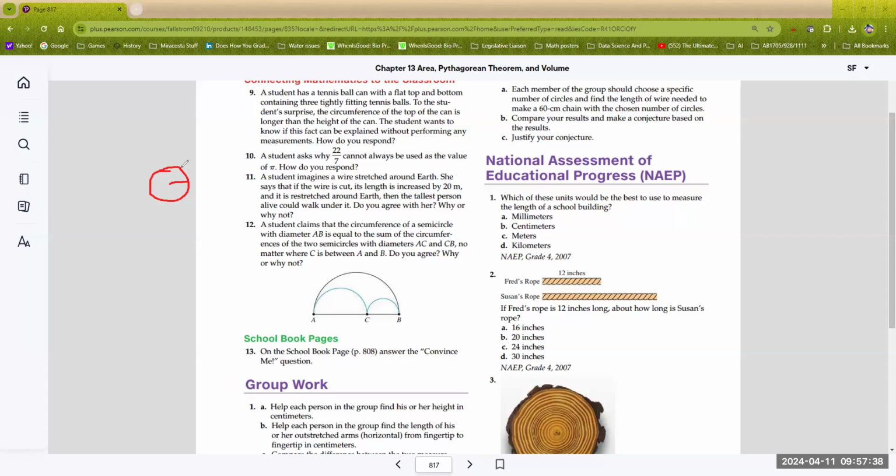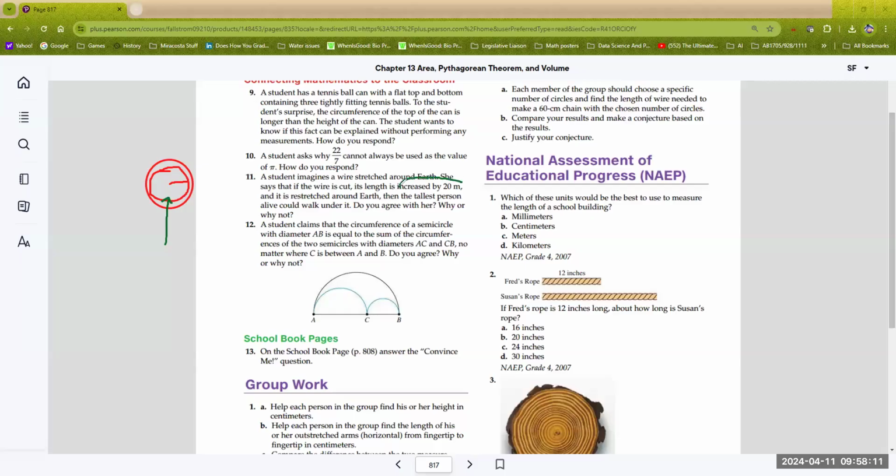Okay. And then they're going to do another one of these, right? Let's see if I can do the circle around a circle, right? It's going to look something like that, where you have a circle that is kind of around that one. So if I was doing this problem, the first thing I would do is use my information to find the circumference of the inner circle, which is the earth.